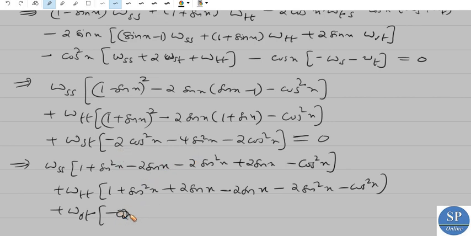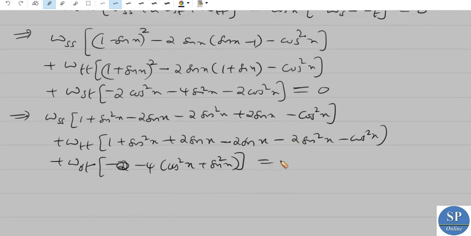So minus 4 into (cos square x plus sin square x), taking minus 4 outside, which is equal to 0.